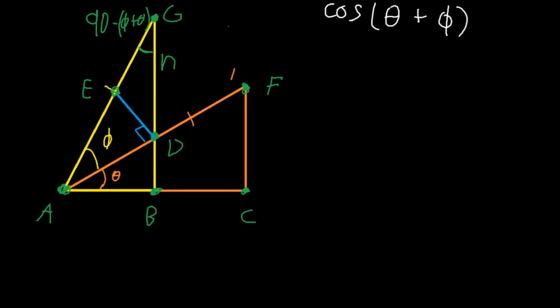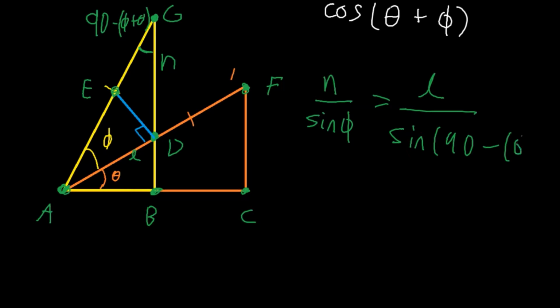So now, when we write down our sine law, we're going to write down that N over sine phi equals AD, and let's call this side L, equals L over the sine of 90 minus (phi plus theta). Now, the sine of 90 minus (phi plus theta), what is that really saying?